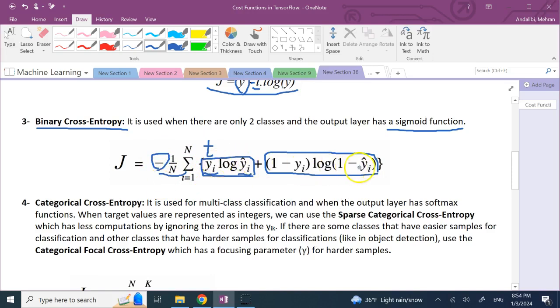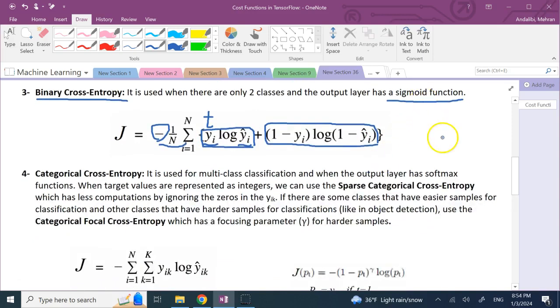The y i's are 0 or 1 in general, and y hat is a number between 0 and 1, because it comes from the sigmoid function.